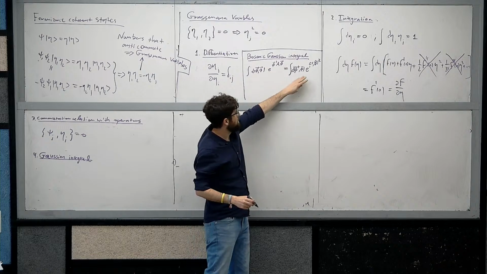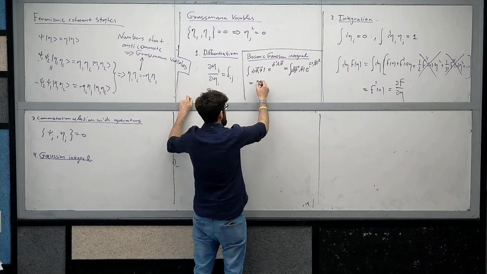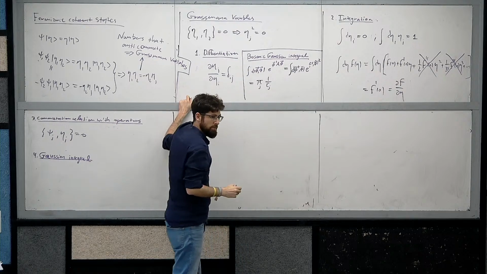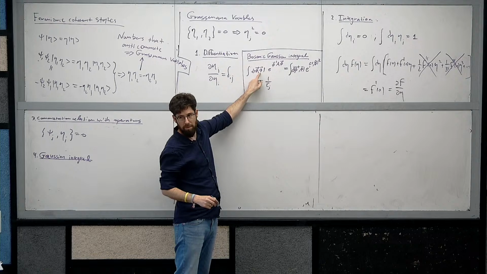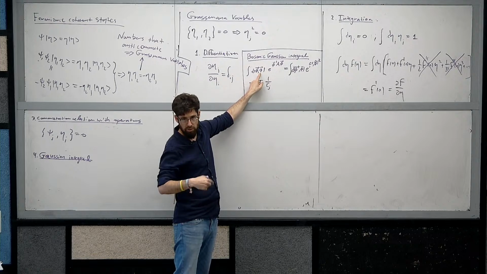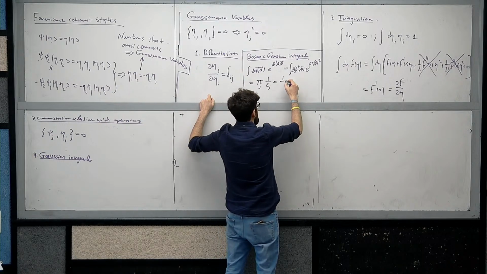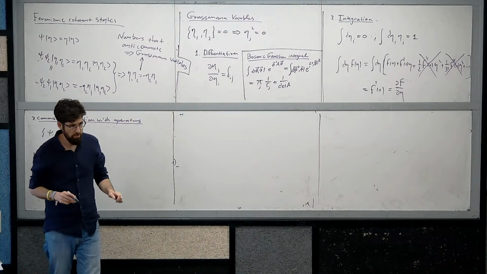And then this thing gives us the product over all these j's of 1 over epsilon j. There's also a factor of pi, but remember that the factor of pi for each one of them is already in the measure. And then this gives 1 over the determinant of A, basically. So that's a well-known result.